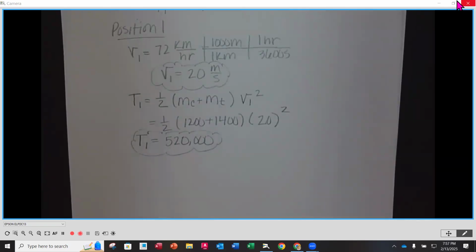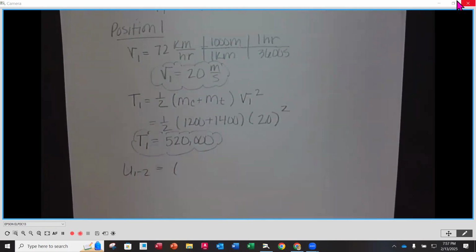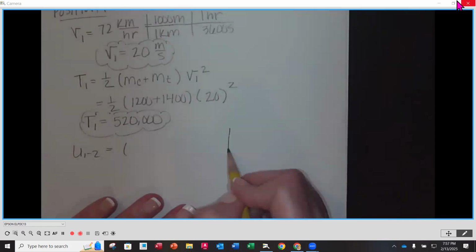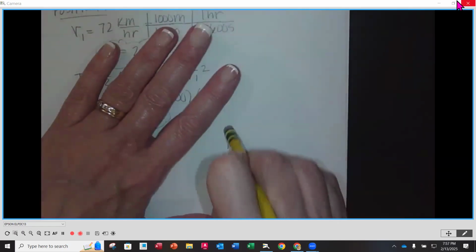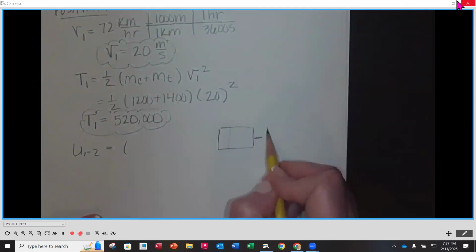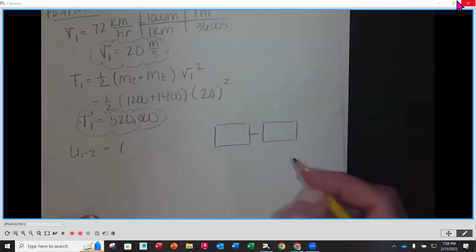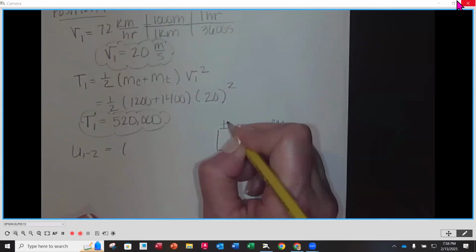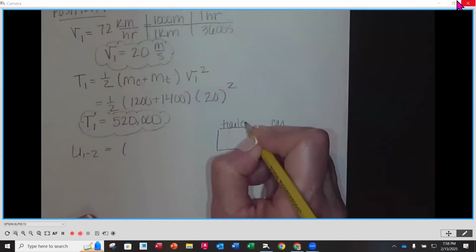And then we need the work. So the work U 1 to 2 is going to be equal to, now let me draw a little diagram here to make sense of this. This is going to be the car, and this is going to be the trailer.